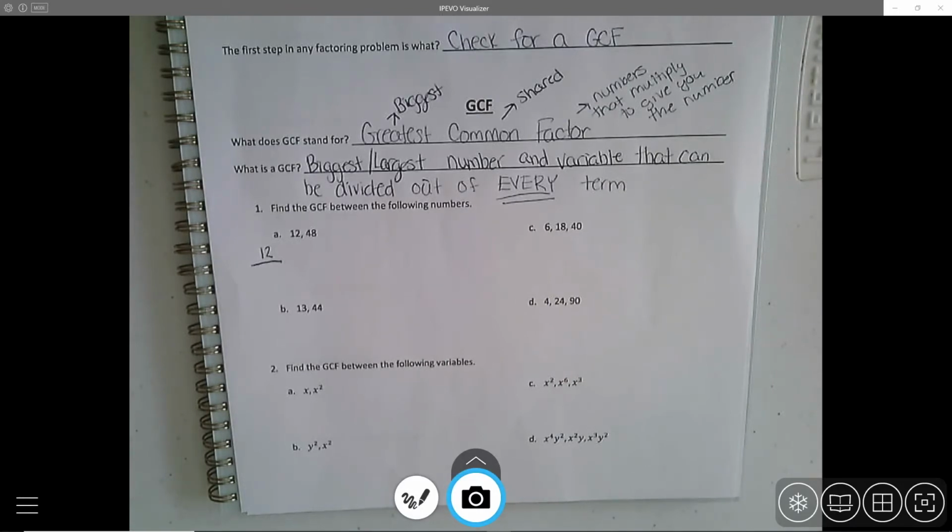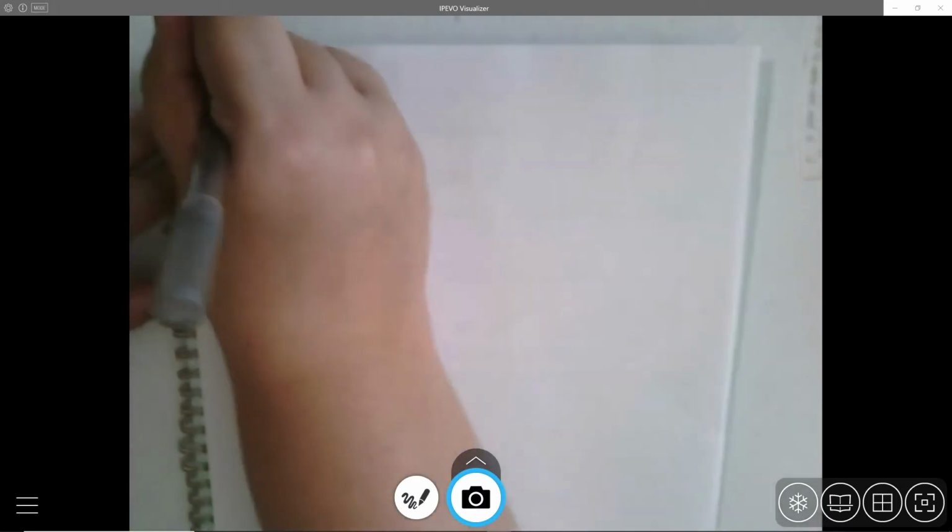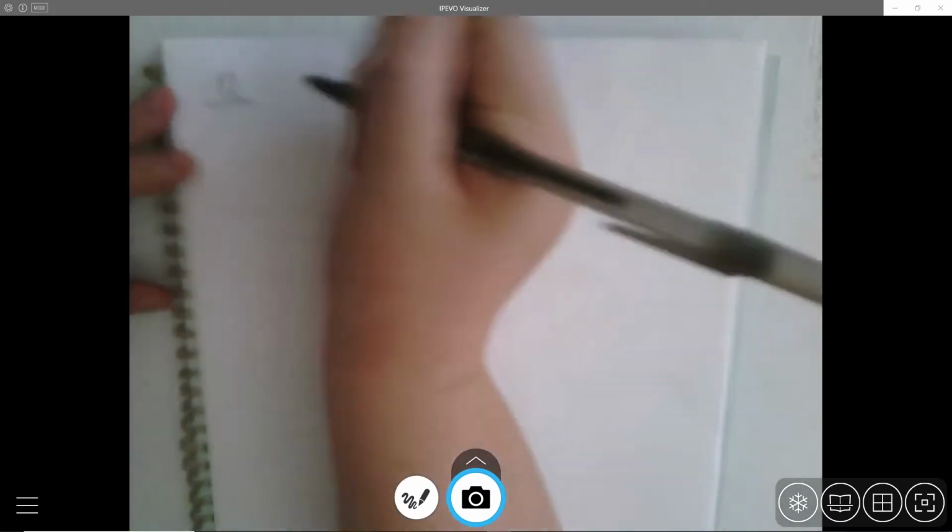You may be asking, how do I know what the factors are? One may say you have to know your multiplication tables. Well, sure, we know those, but there's also a shortcut. Some may say it's not really a shortcut, but it's a way to guarantee that you get all the factors.